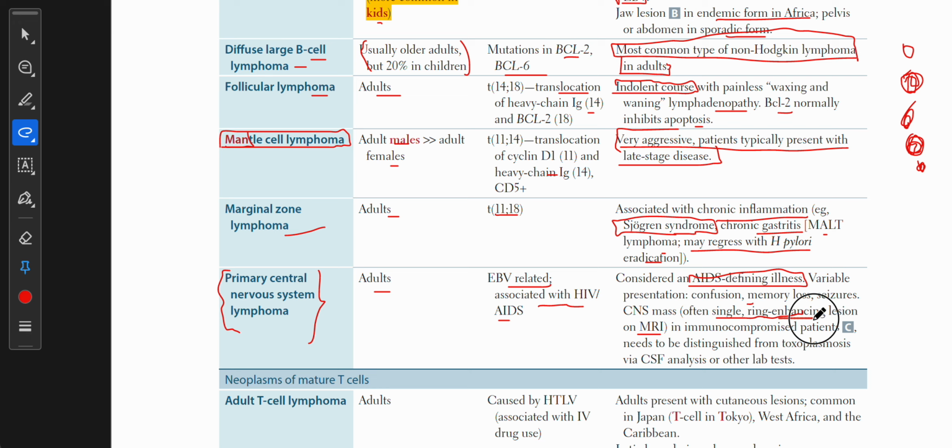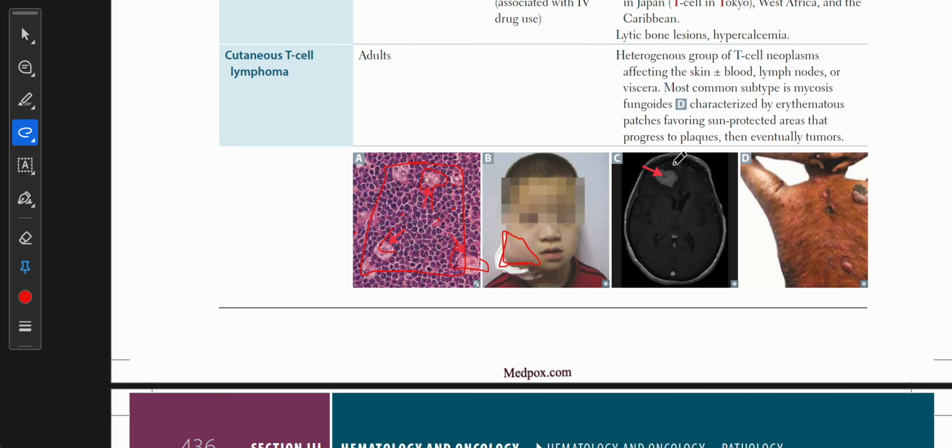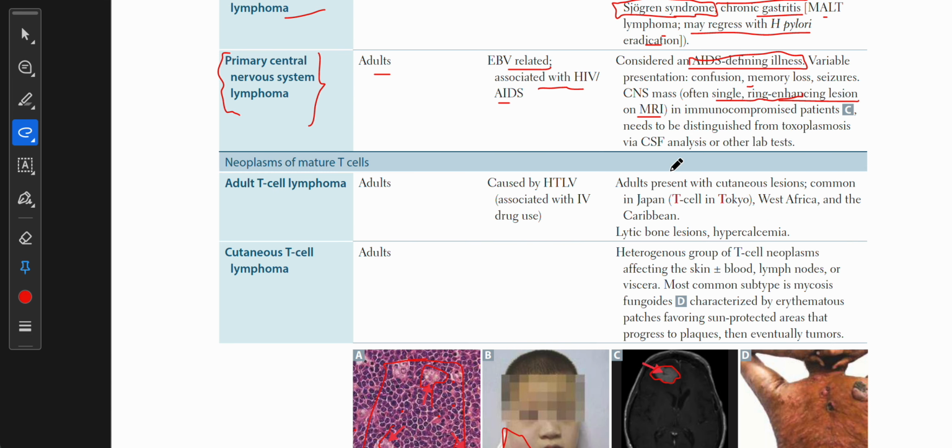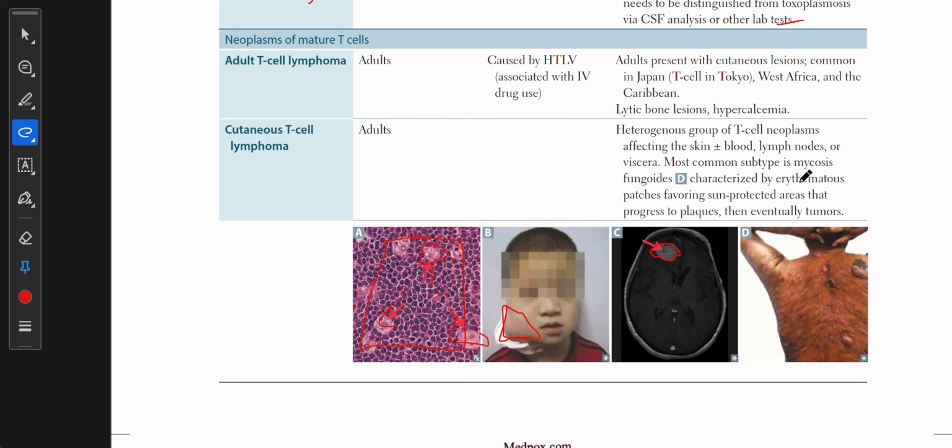A single ring enhancing lesion on MRI is seen in the case of primary central nervous system lymphoma. It needs to be distinguished from toxoplasmosis by a CSF analysis or other lab tests. Okay, we will do that.